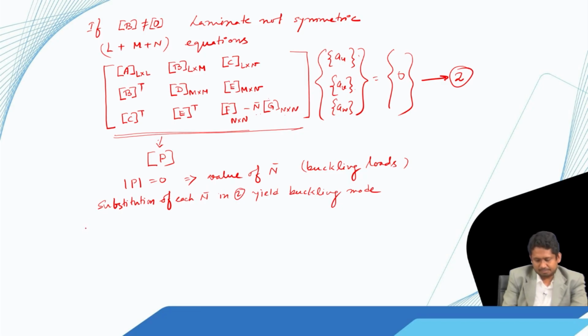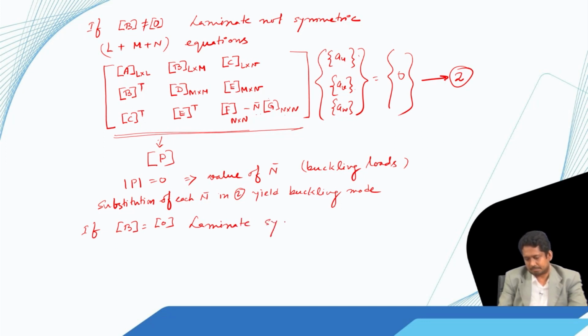And if the B matrix is 0, that means the laminate is symmetric, in that case I can separately solve the third equation, and I do not need the first equations.